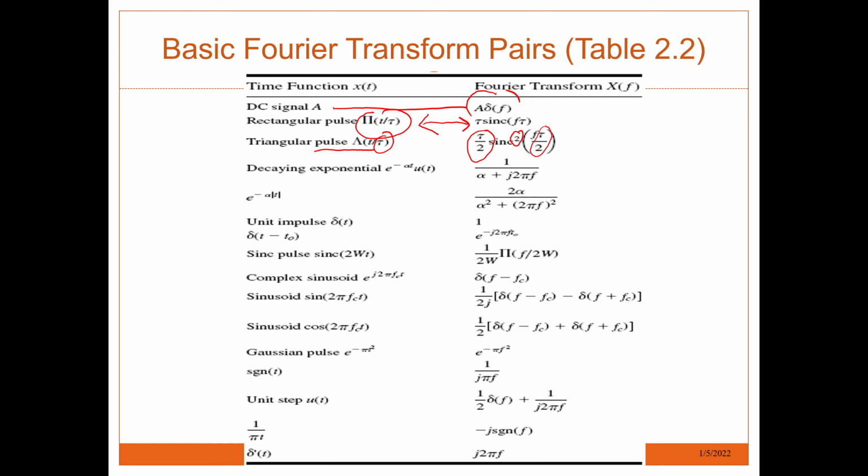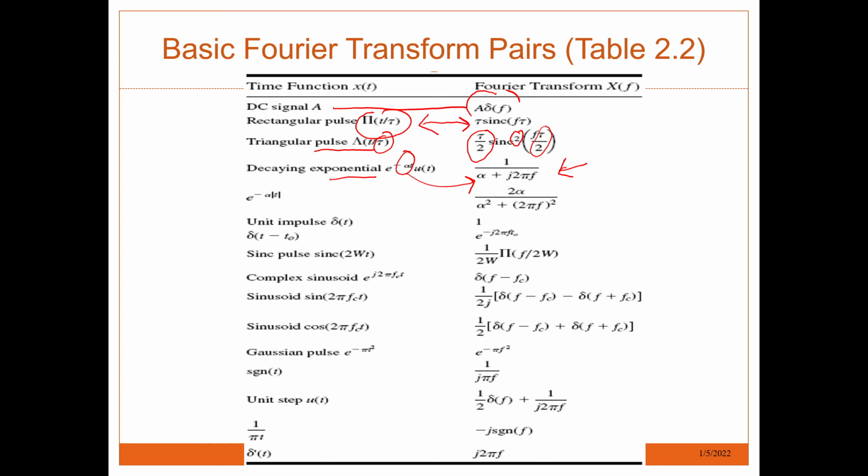Just follow this formula. And then for the exponential e to the minus at, just now we also saw that the function in frequency is 1 over a plus j 2 pi f. So whatever the value of a is, you substitute it here, plus j 2 pi f.